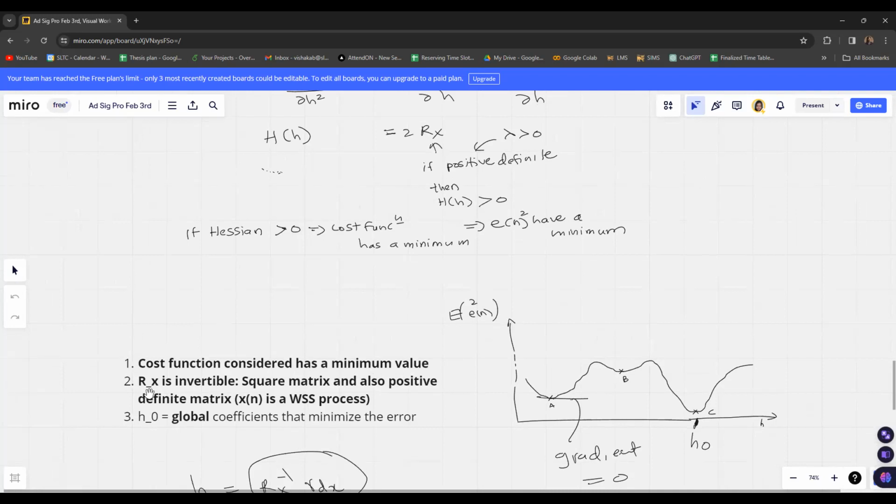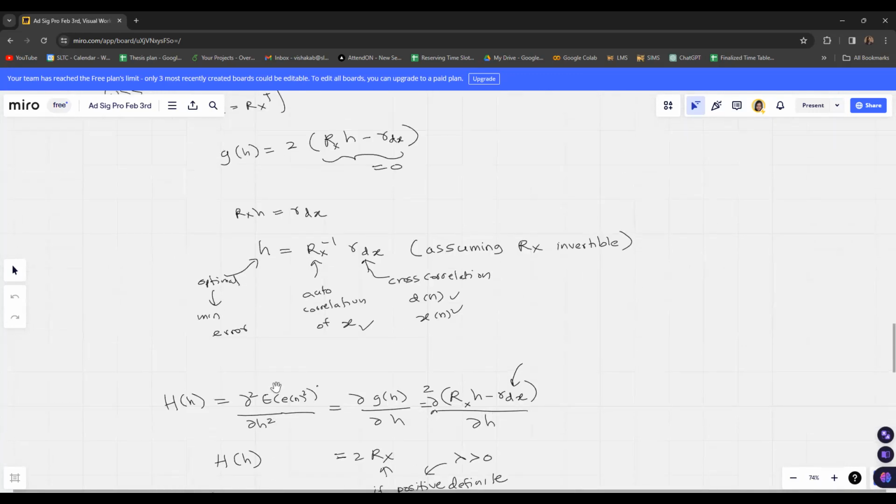After that, we also have to make sure that the Rx value is invertible. Rx means the matrix of X, which gives us the autocorrelation of the input signal X. This Rx should be invertible in order for us to find the inverse of Rx in this equation to get the optimal filter coefficients.